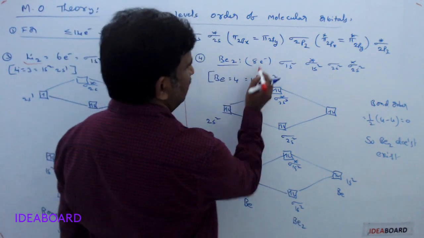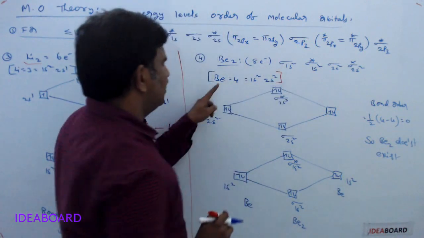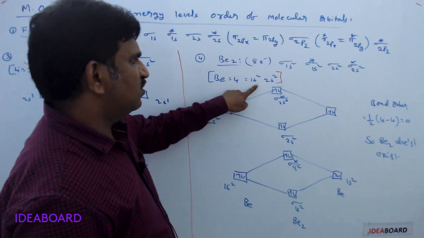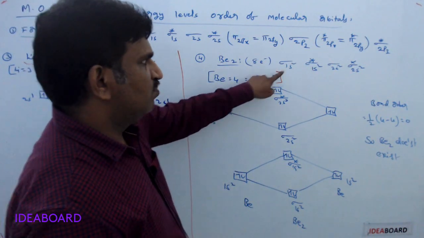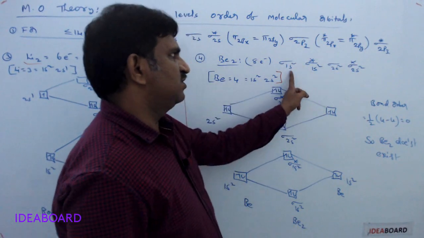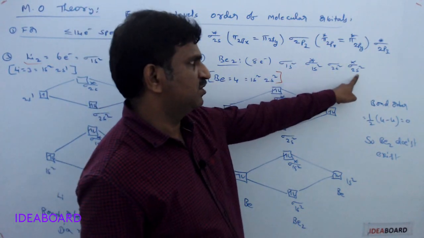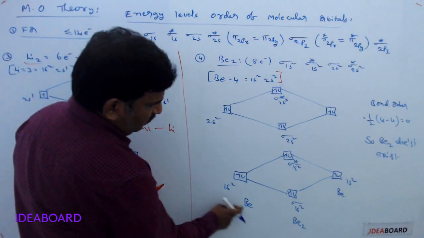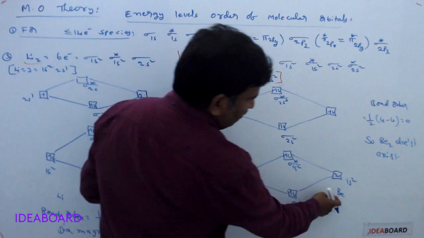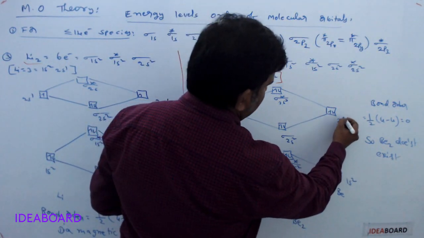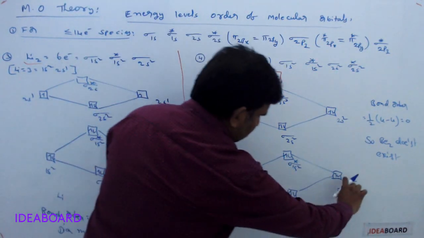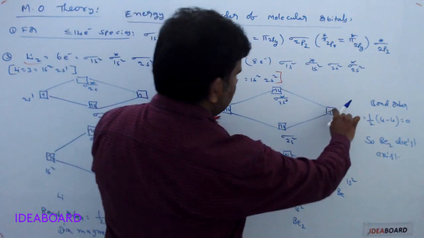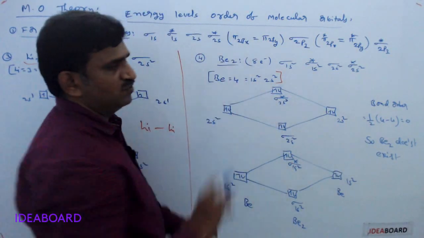Okay, and next the beryllium-2 molecule. Be2 means how many total electrons will we get? As per the atom, atomic number 4, the molecule means 8 electrons. The atomic configuration is 1s2, 2s2. The molecular orbital configuration is sigma 1s2, sigma star 1s2, sigma 2s2, sigma star 2s2. Same as before: one beryllium with 1s2, 2s2, another beryllium with 1s2, 2s2. The 1s2 and 1s2 combine to form sigma 1s2 and sigma star 1s2; the 2s2 and 2s2 combine to form sigma 2s2 and sigma star 2s2.